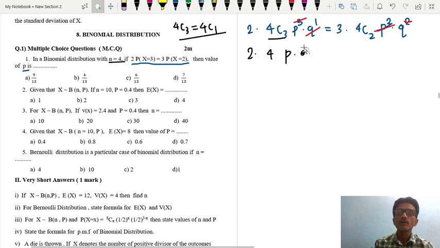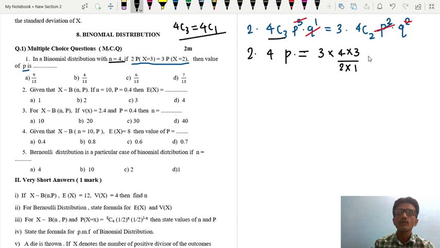So therefore right hand side is 3 into 4c2. 4c2 is equal to 4 factorial upon 2 factorial into 4 minus 2 factorial, that is 2 and 2. And here p cube, p square is cancelled.